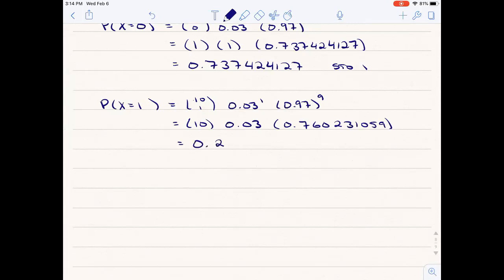This is 0.228069318. Just for kicks, I'll store this in 2.